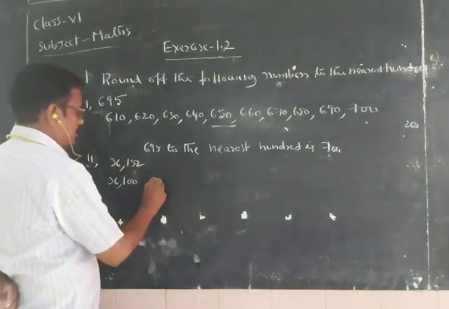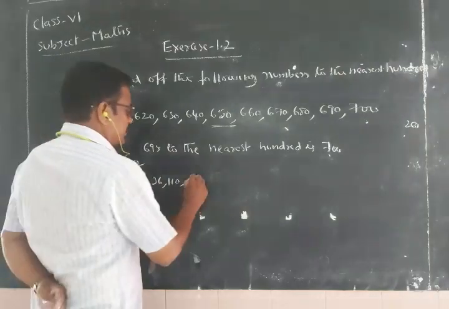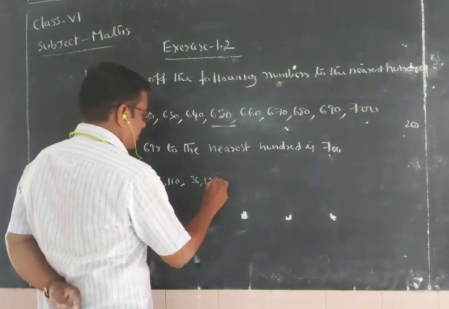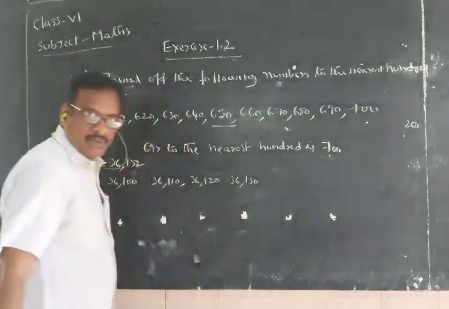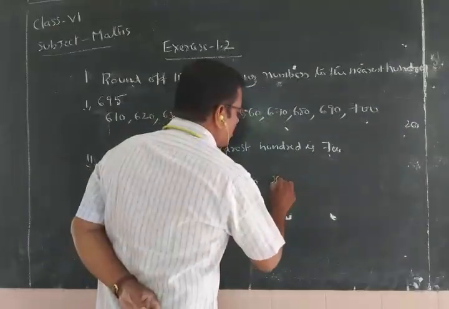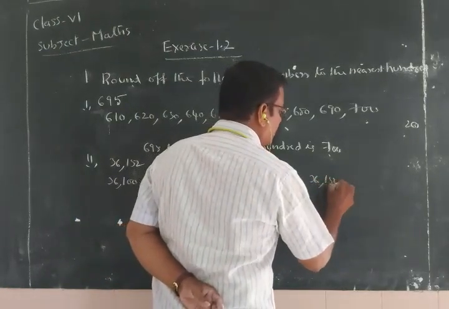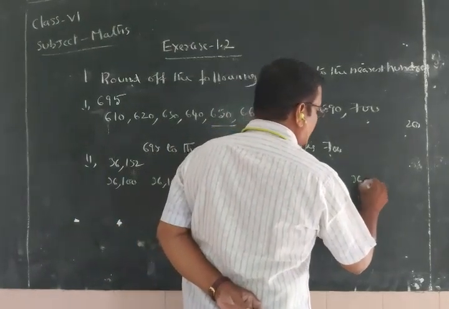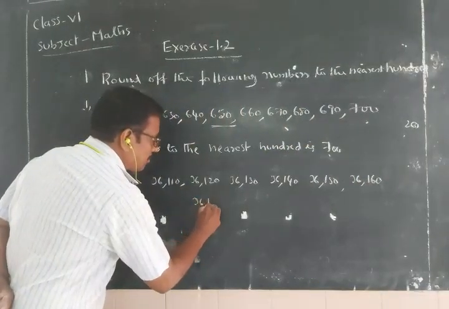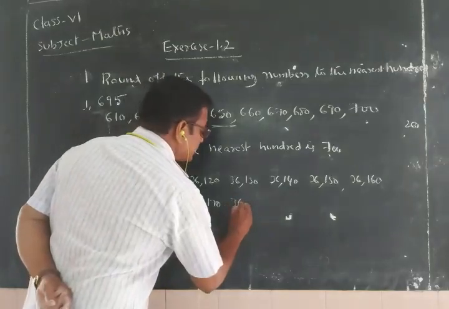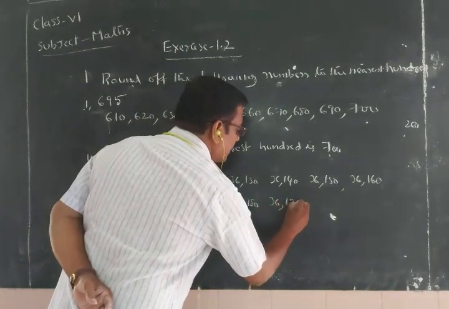The next numbers are 36,110, 36,120, 36,130, 36,140, 36,150, 36,160, 36,170, 36,180, 36,190.